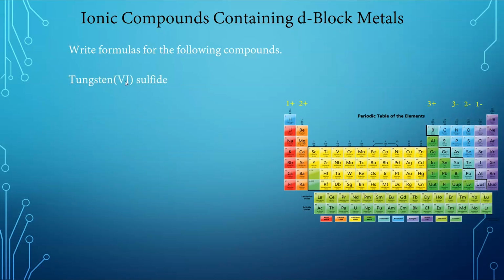Next up, let's take a look at tungsten 6 sulfide. Tungsten is W over here, number 74, and sulfide, of course, is sulfur. We know the charge on the tungsten. We have Roman numeral 6, so it will be a 6+. Sulfur is in group 6 on the periodic table, therefore it's a 2-.